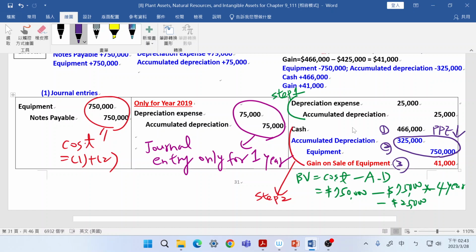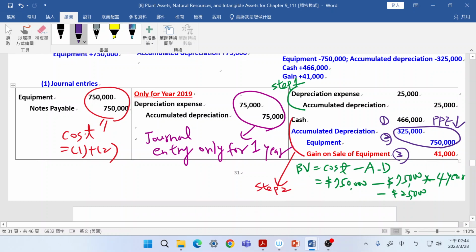No problem? Then after that, since you prepared the journal entry for step 1, 2 already, you just copy the number to your financial statements. That's all. So depreciation expense this year, $25,000. You have a gain, $41,000. So just copy the number to your financial statements.